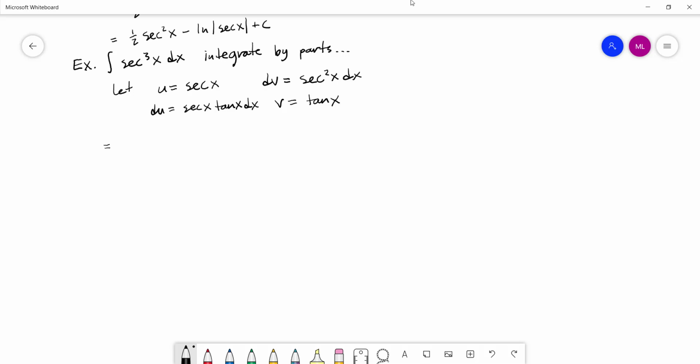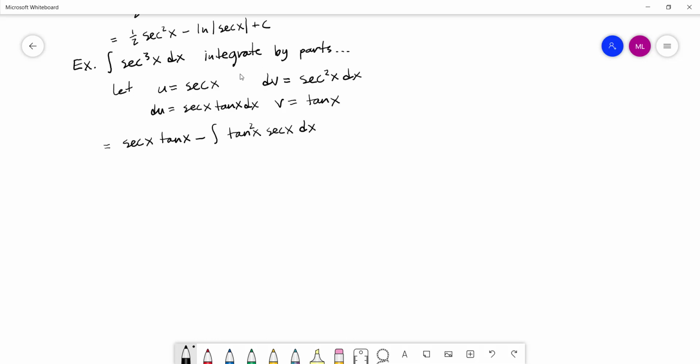So u times v, secant of x, tangent of x, minus the integral of v du, which is going to be, we'll just write it out, tangent of x times this other tangent of x winds up being a tangent squared of x, times the secant of x that we pick up from right here, times dx.